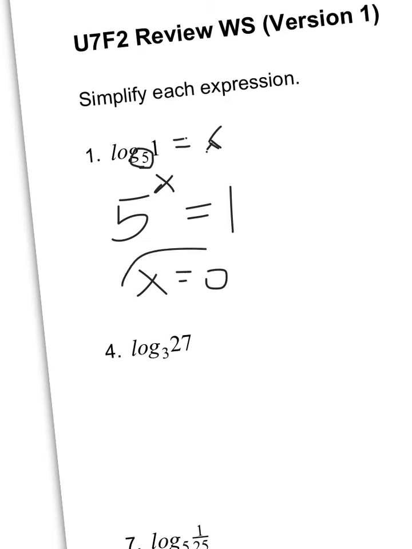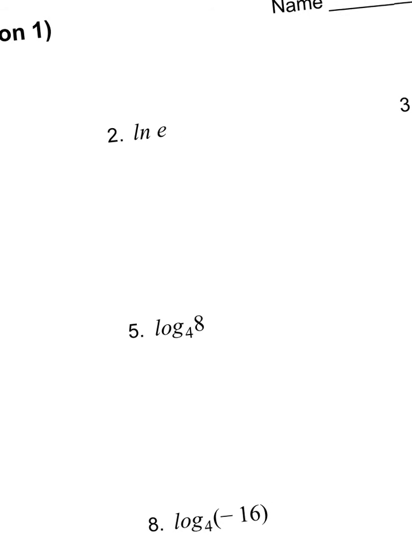All of these in this first section you could probably do in your head. However, later when it says solve the exponential equation, we'll go through how to use logarithms to do that. All right. Number 2, ln of e, so it's natural log of e.